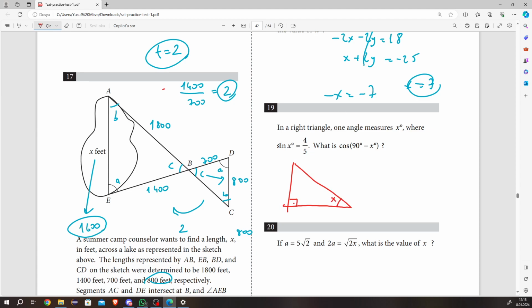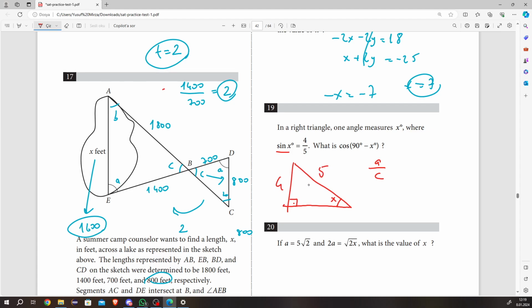Sinus means A divided by C, and cosinus means B divided by C. So if we look at the question, let's put the numbers with this argument, and let's say it's 4 and 5.